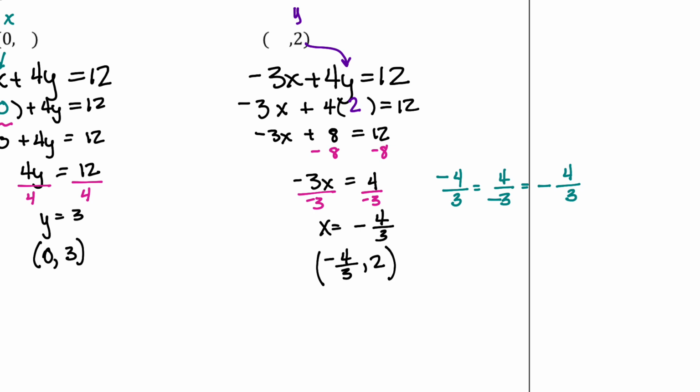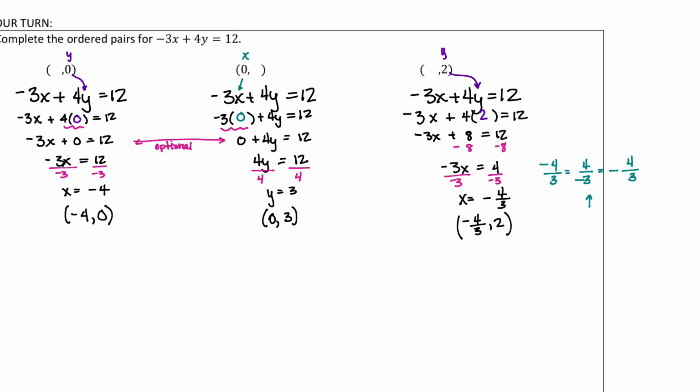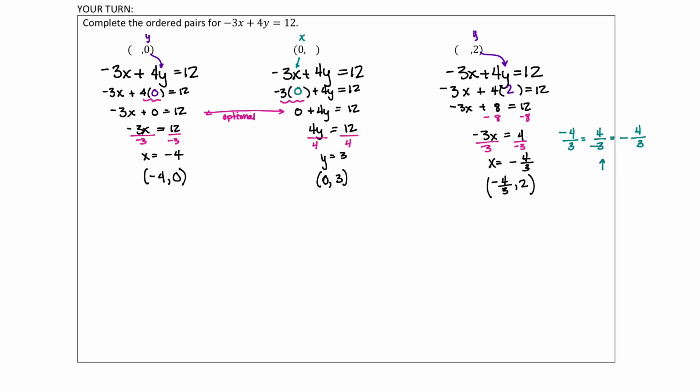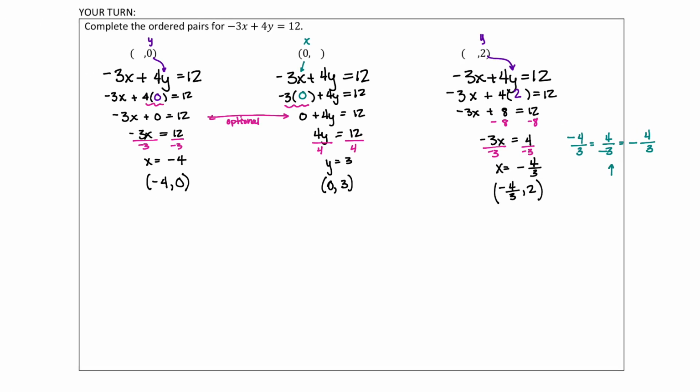The one with it on the bottom is the one you see the least often. You don't really want to leave the negative downstairs, so either move it up or move it out in the front. If you leave it downstairs, it's not wrong, it's just not used. So again, try to get used to not doing it that way.